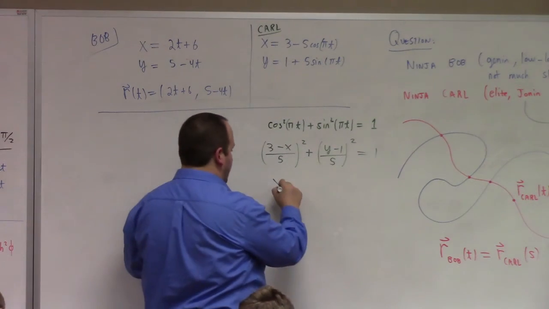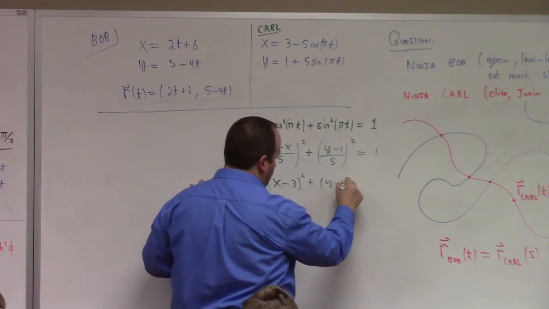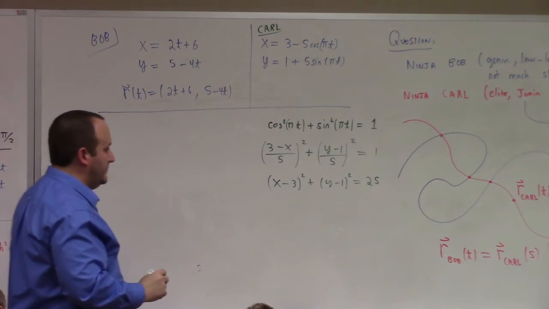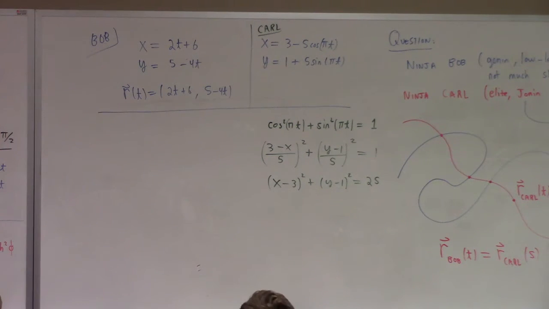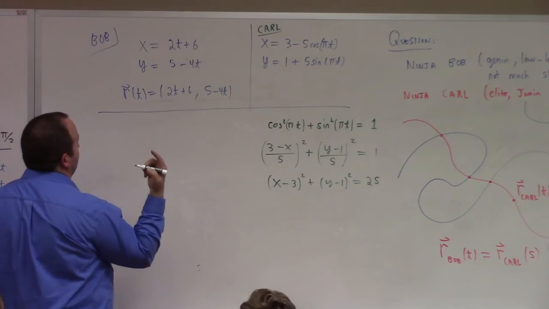I can rewrite this as (x minus 3) squared plus (y minus 1) squared equals 25, which is pretty nice. That's a circle, radius 5, centered at (3, 1). For Bob, the way to eliminate the time is to just solve for t.